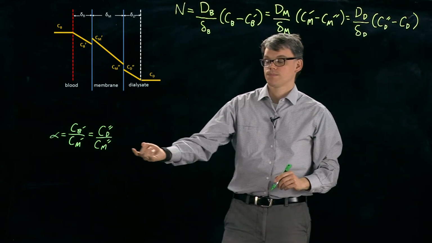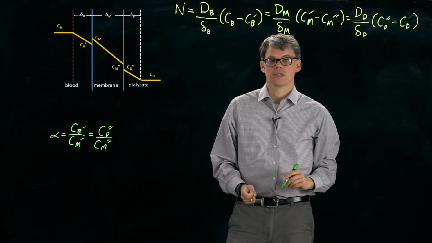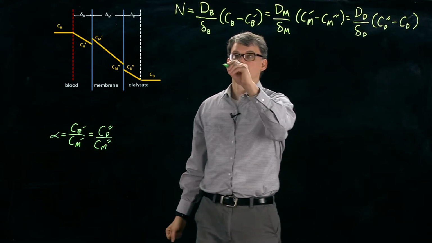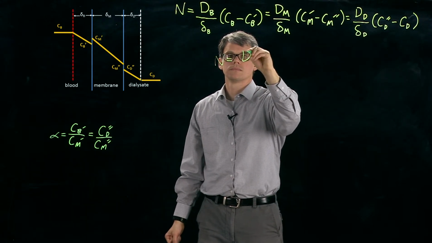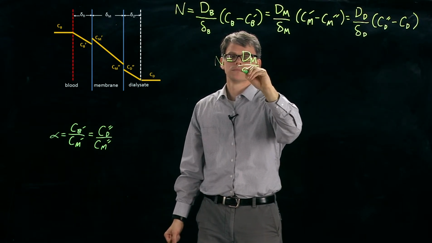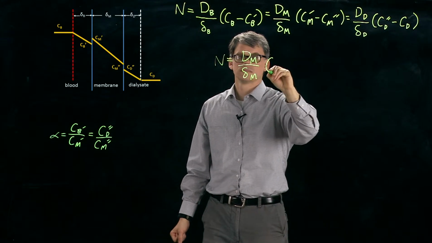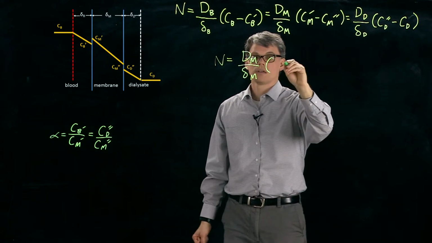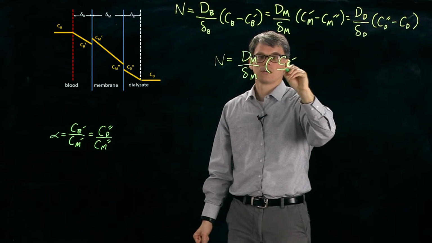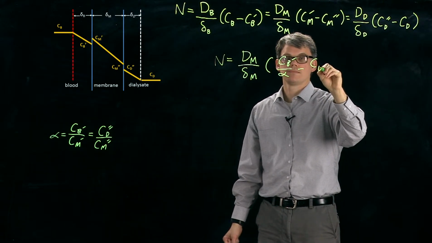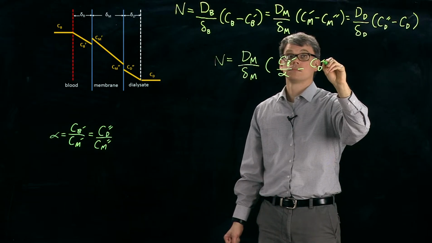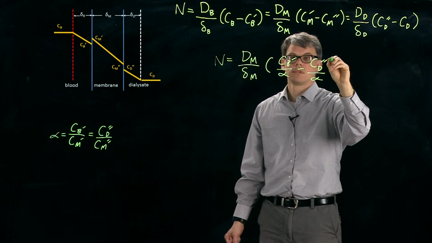The first thing we're going to do is use our assumption about the partition coefficients to rewrite this central equation. So the two concentrations there can be rewritten like so.